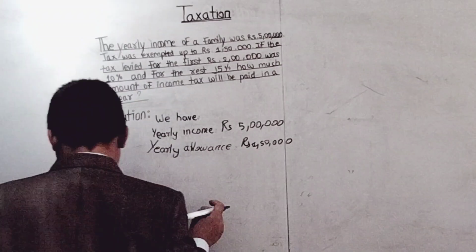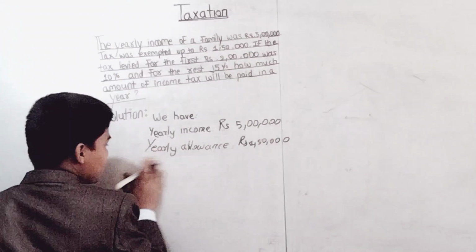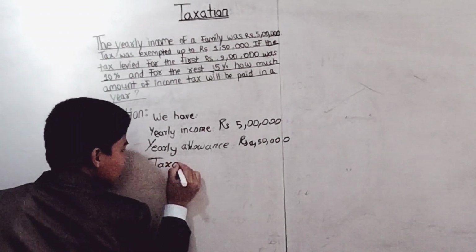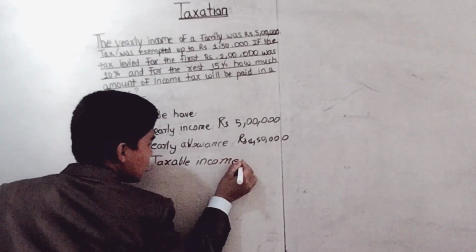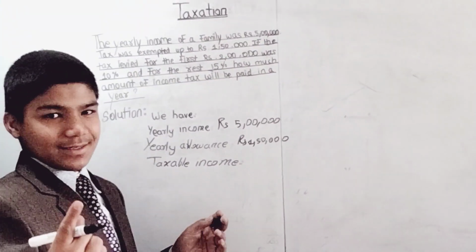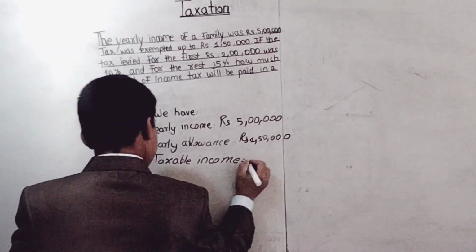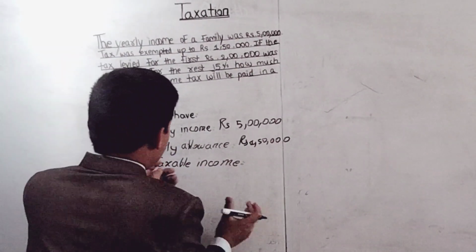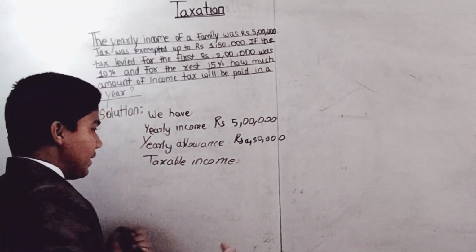So first of all, we have to find taxable income. Taxable income is equal to, do you know the formula of it? Yeah, maybe you are right. So the formula of it is, we have to subtract yearly allowance from yearly income.